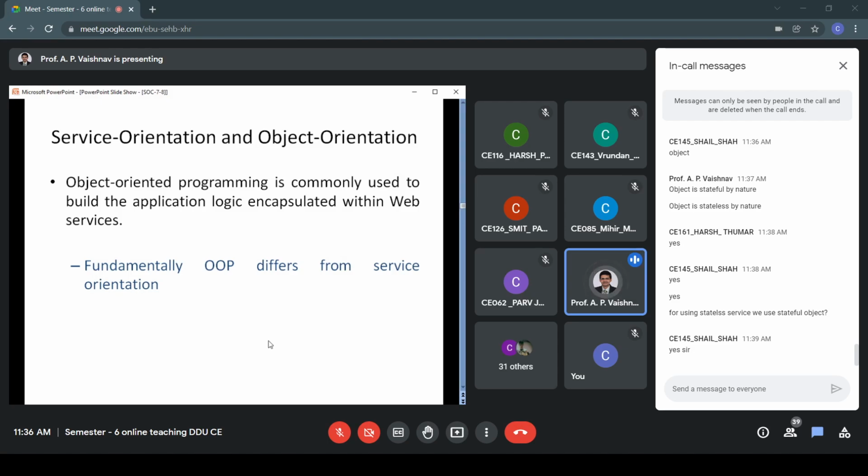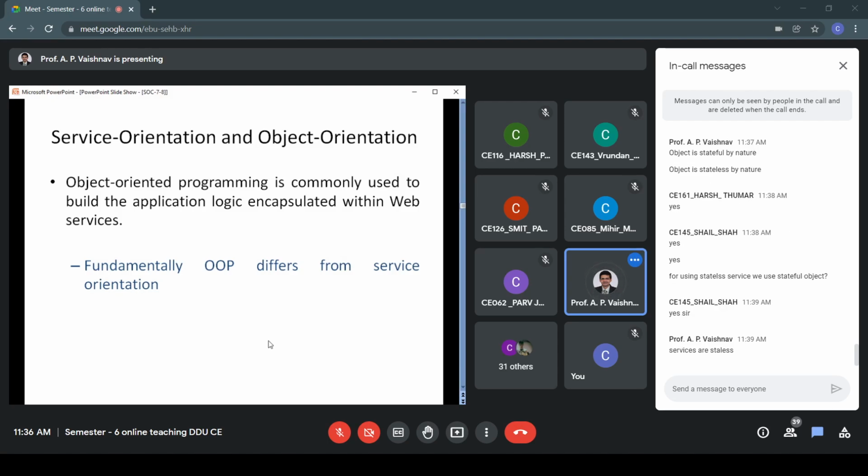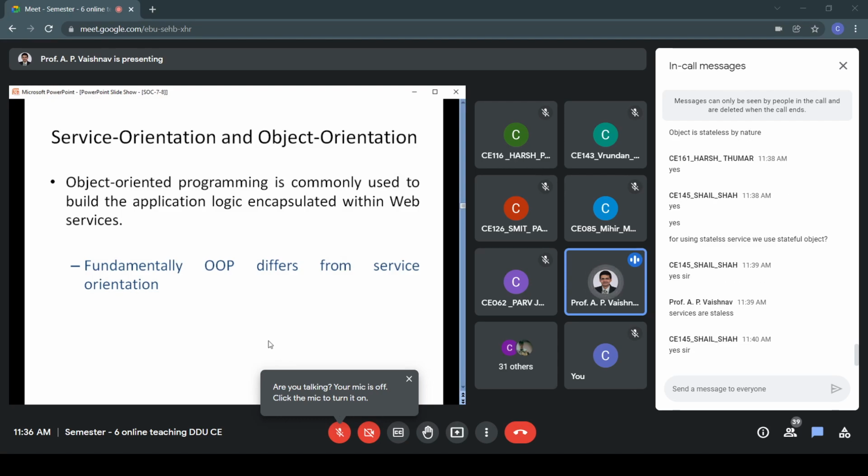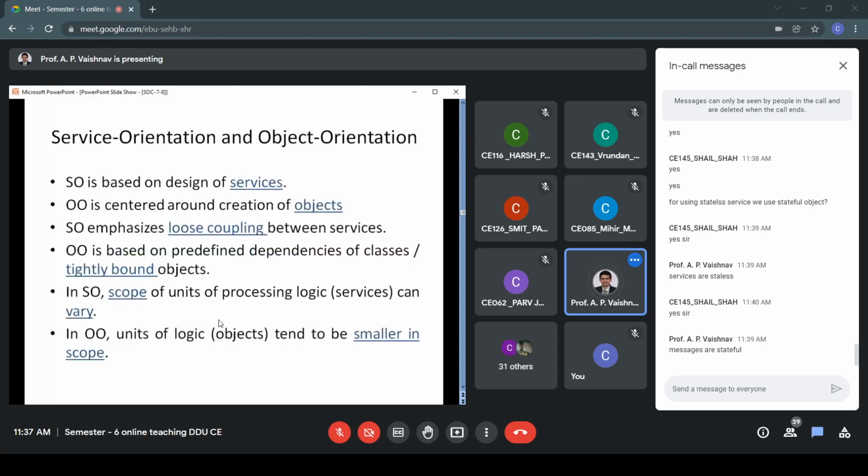So services are stateless, while you can say that your messages are stateful. That is the relation, because we are embedding a lot of intelligent information in the message. If messages were not supposed to be stateful, then there was no option: you would have to make your services stateful.